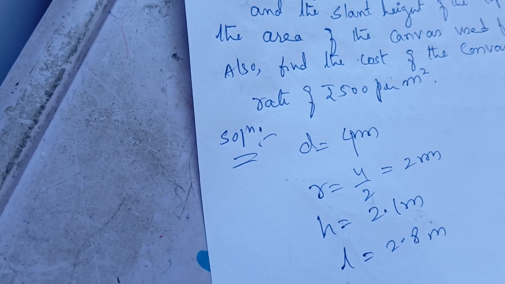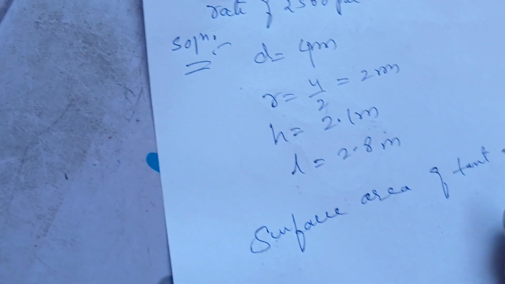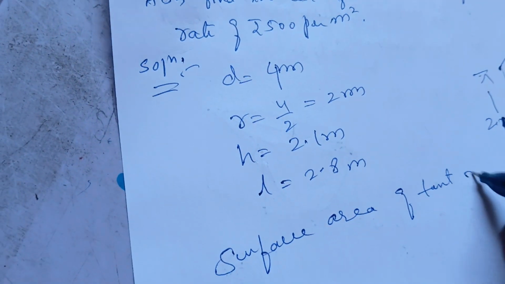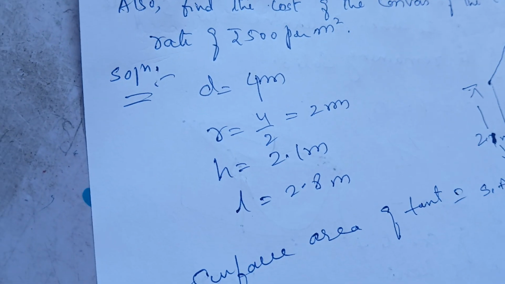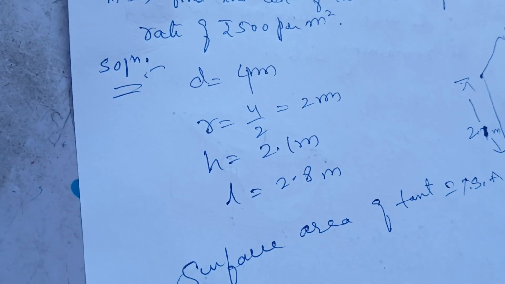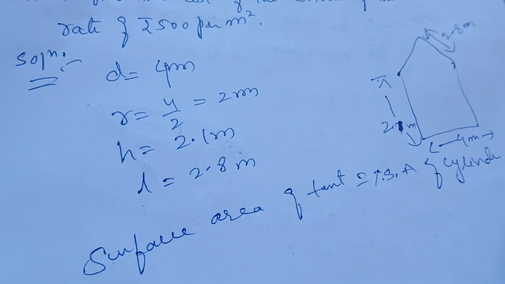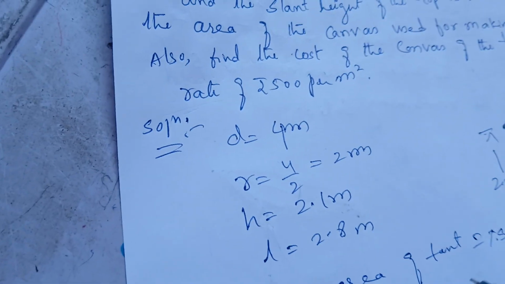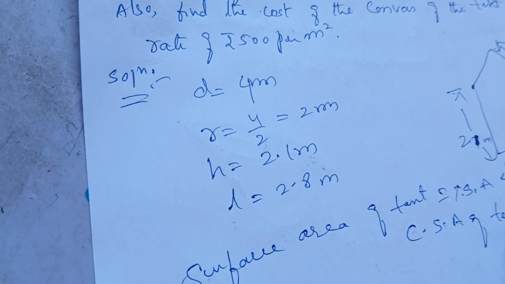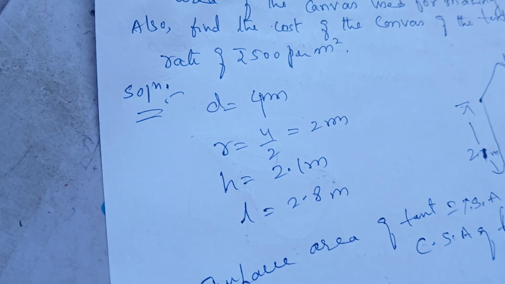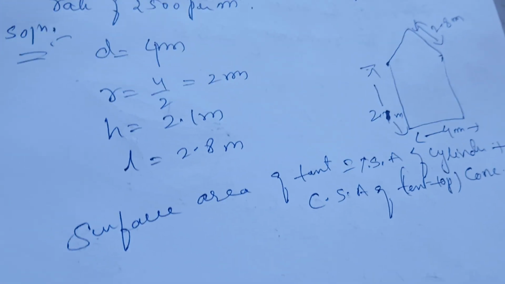Surface area of the tent is equal to the total surface area of the cylinder plus the curved surface area of the tent top, that is the cone, curved surface area of a cone.